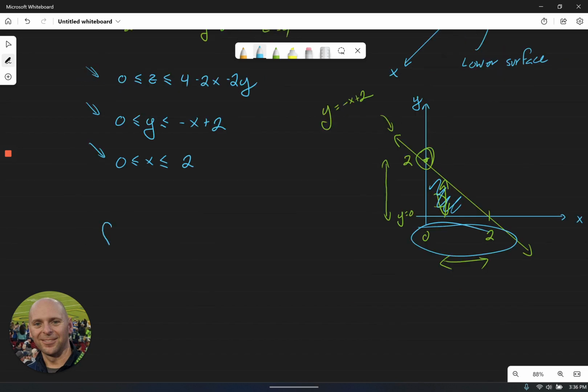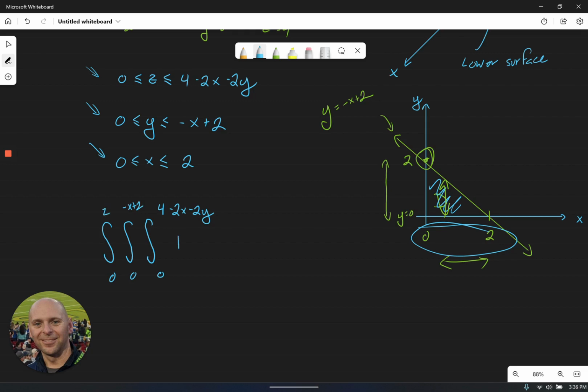So we want the triple integral. Again, working from the inside out, surface to surface, the z's are going to go from 0 to 4 minus 2x minus 2y. Y is going to go from 0 to minus x plus 2. And x is going to go from 0 to 2.